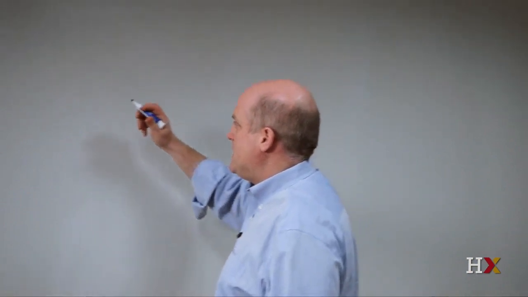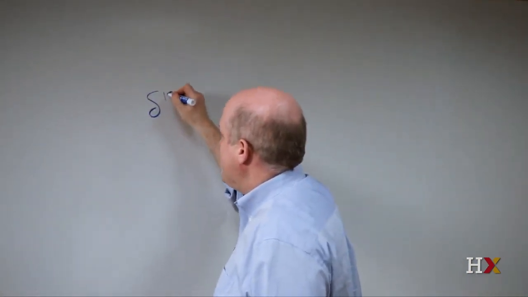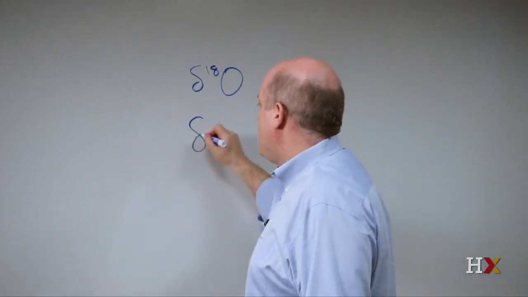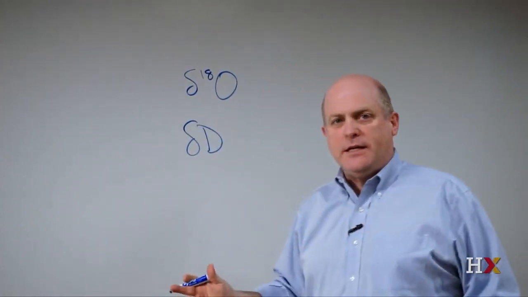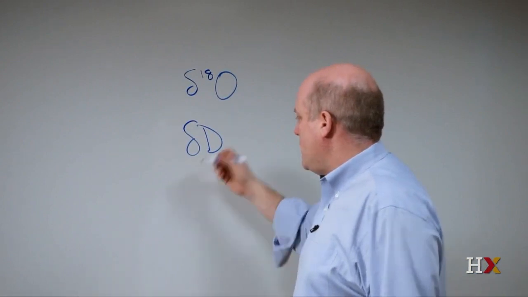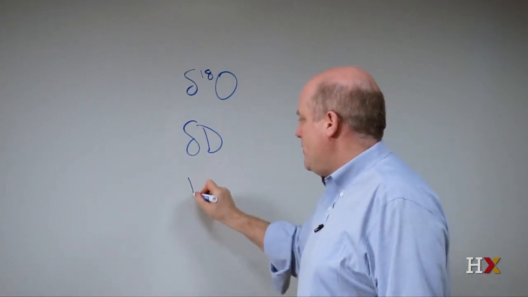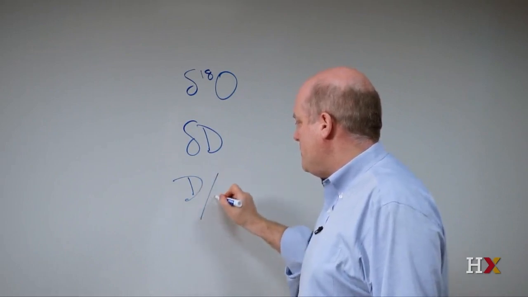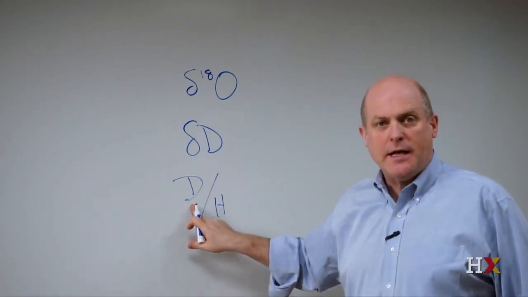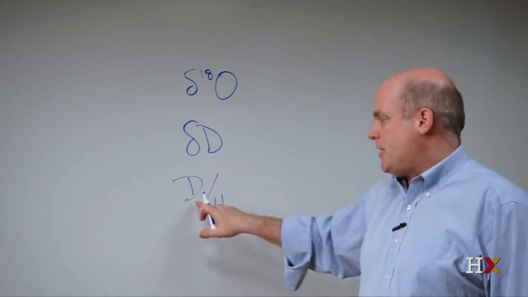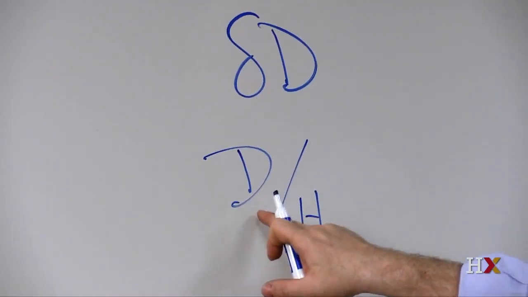For the Antarctic ice cores, the scientists didn't actually measure the delta 18. What they measured was something a little different called the delta D. And this is really very similar. Instead of looking at the O18 to O16 ratio, this is looking at the ratio of deuterium to hydrogen, deuterium being the heavy isotope of hydrogen that, instead of just being a proton, has a proton and a neutron, so it's mass 2.